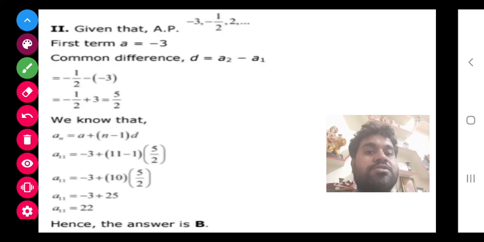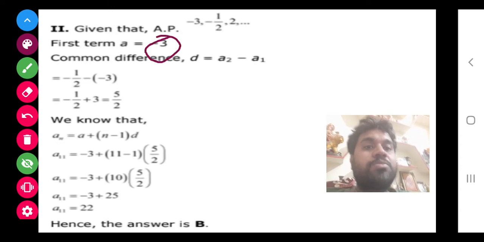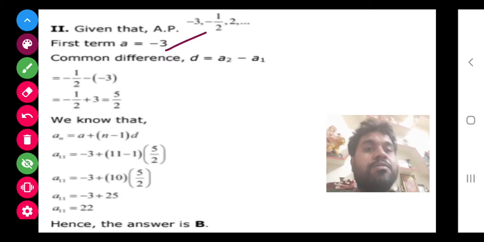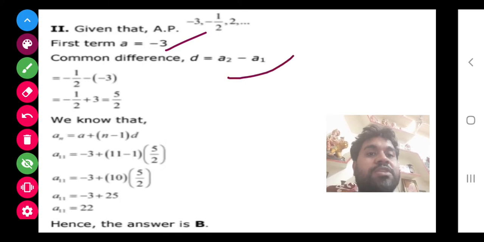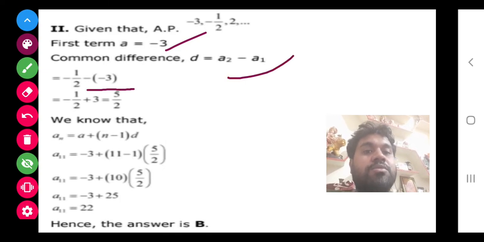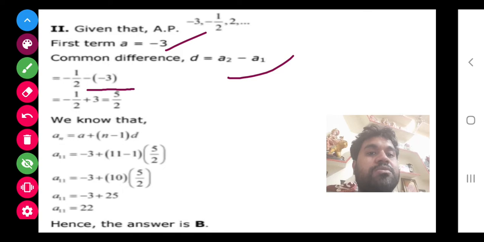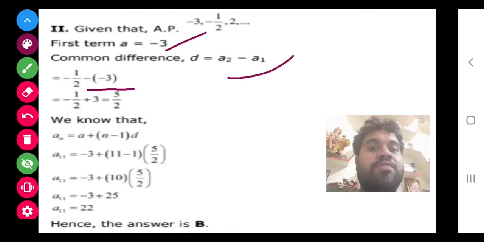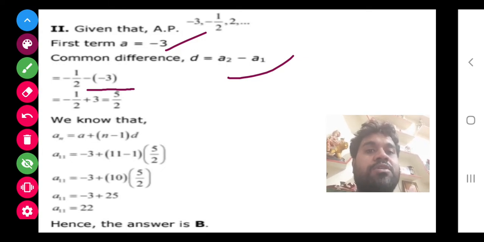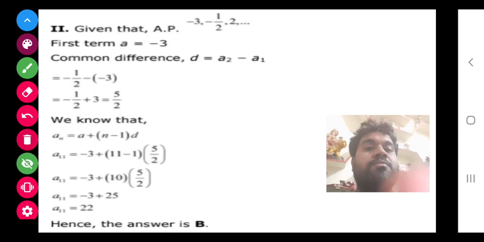So see the solution. In this first of all a is minus 3. This one a2 minus a1, that is 1 by 2 minus 3 by 2. You have to see the minus sign, I have told you in class 9th also, always put it in a bracket. You will have no calculation problem, so they have also put it in a bracket.